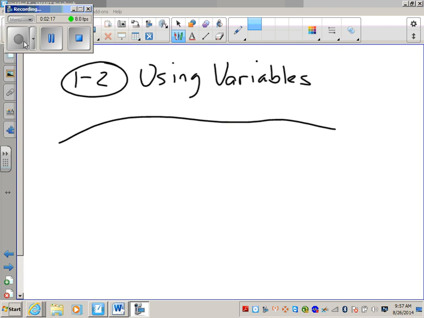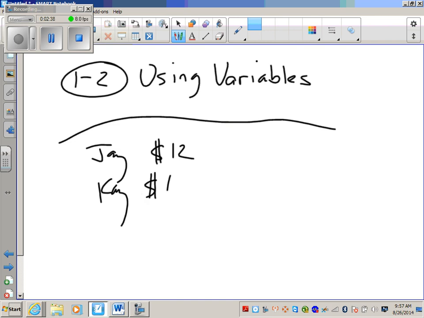So since you're talking about two different things and two different people, we use subtraction as our primary operation when we said J had this much, and we had to take 2 away to find out how much K had. Remember the relationship? J had 12, where K had 10.